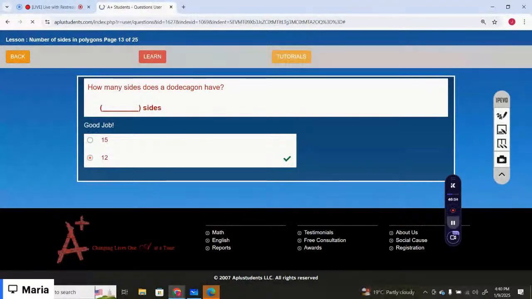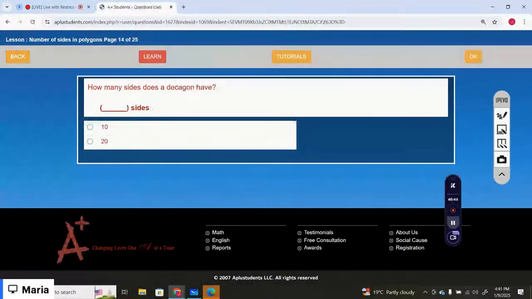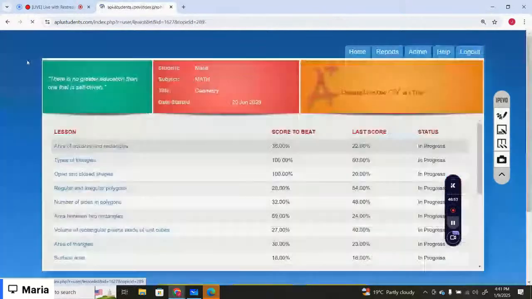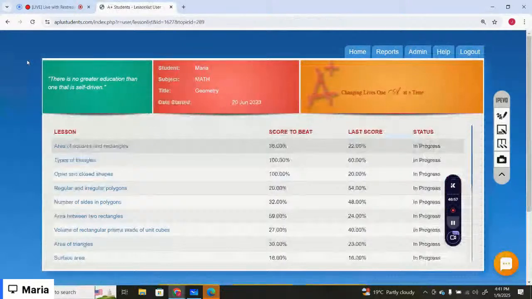So we were working on grade 5 math. The chapter we were working on is geometry, and the lessons we have covered today are area of squares and rectangles, types of triangles, open and closed shapes, regular and irregular polygons, and then number of sides in polygons.